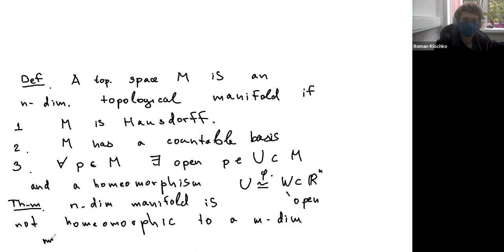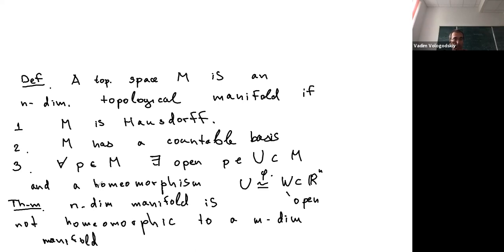May I ask a question? Yeah, sure. The point 2, M has a countable basis. Why do we need a countable basis? Why are manifolds defined this way? Well, perhaps the reason, we haven't yet proved any results on this, right? So definitely it's not needed for this statement.